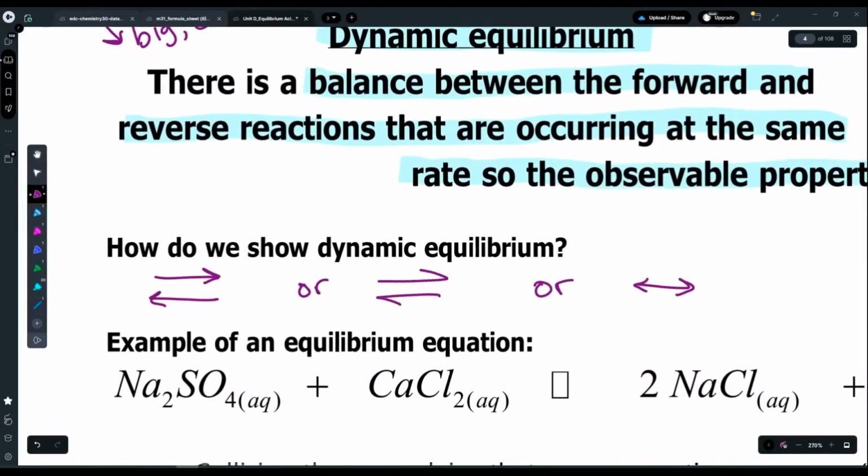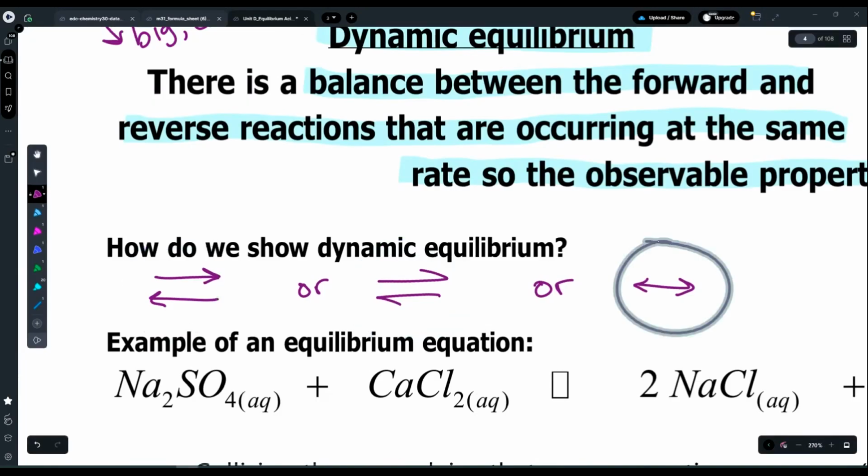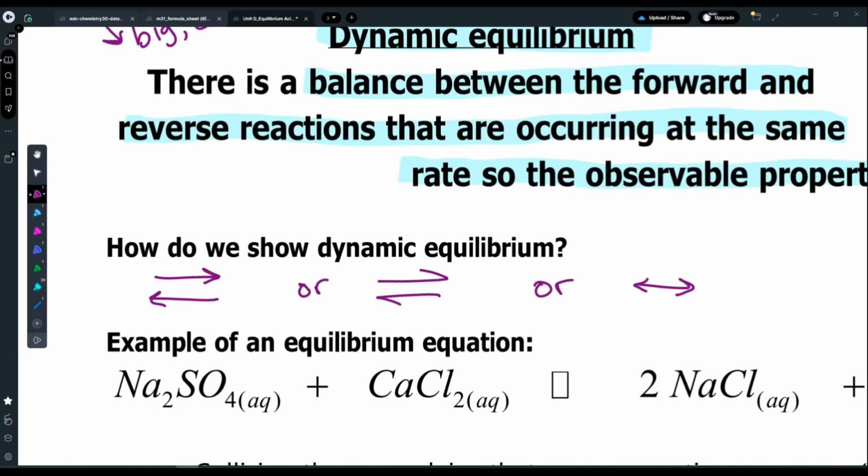All three of these drawings represent dynamic equilibrium. I tend to use this representation a lot more, but you can choose which one to draw when you are trying to represent a reaction or a system at dynamic equilibrium.